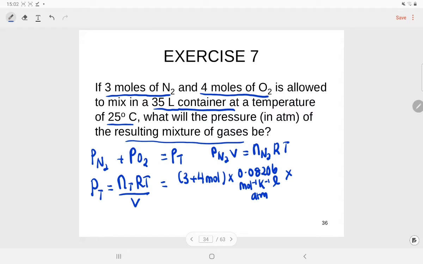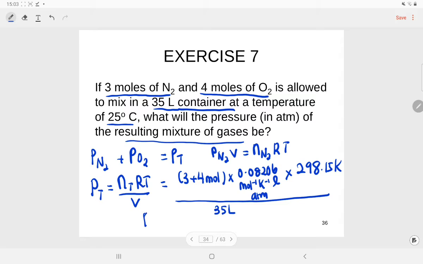Okay, if you convert the temperature into Kelvin by adding 25 degrees Celsius to 273.15, you will get the temperature to be 298.15 Kelvin. Alright, so divided by the volume of the container, which is 35 liters.